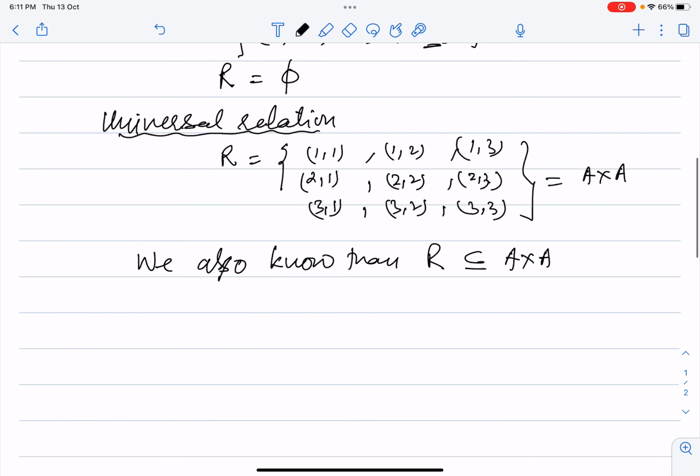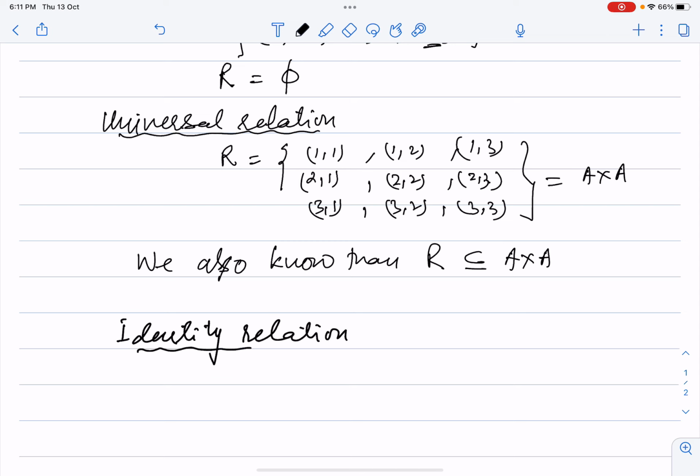Now let us come to the important relation which we left at that time, that is called identity relation. Now what is identity relation? Identity relation is generally denoted as I. Suppose it is a relation on A, so I_A.